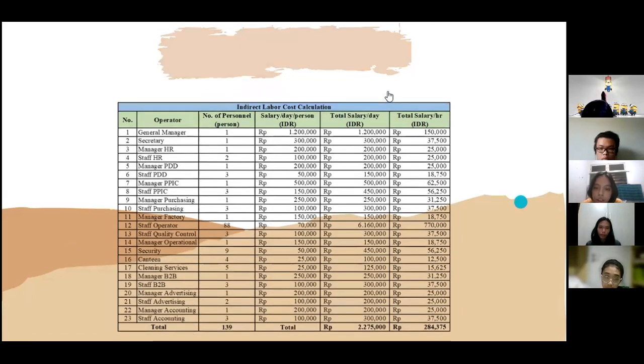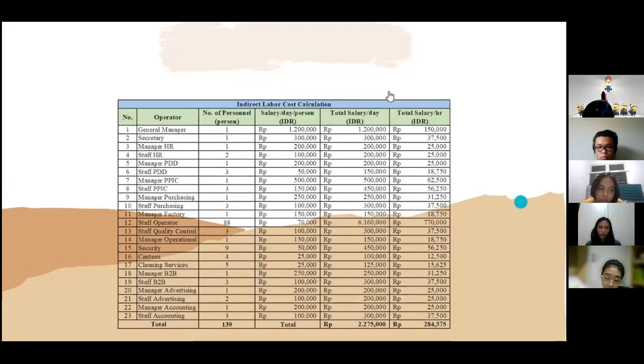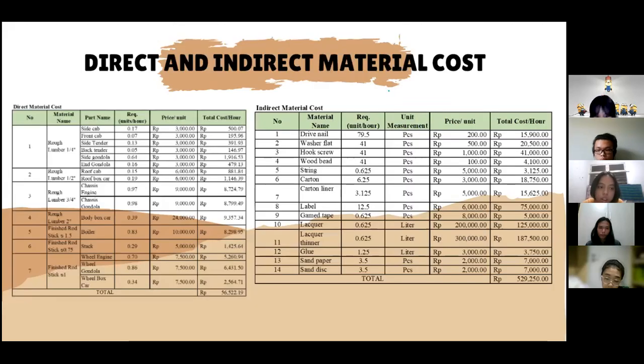This is the direct and indirect material cost. For the direct material cost, the material name and part name are known from the guideline. The requirement units per hour is obtained from the route sheet, prefabrication of the last output, and then we only need to divide each by 8 working hours.